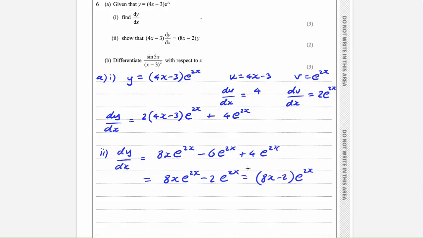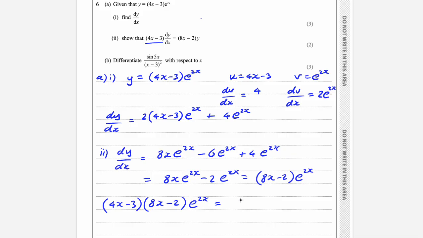So that is dy/dx. Now, if I multiply this by 4x minus 3, I'll do, sorry, this one here. So I'm going to do 4x minus 3 times this, times 8x minus 2 e to the 2x. That's this times dy/dx.